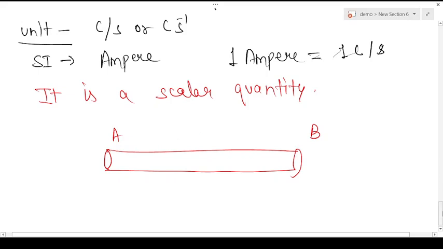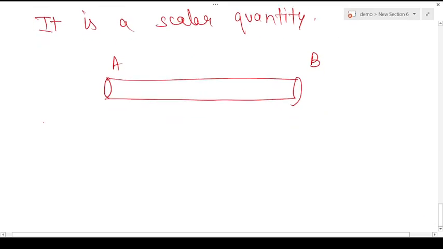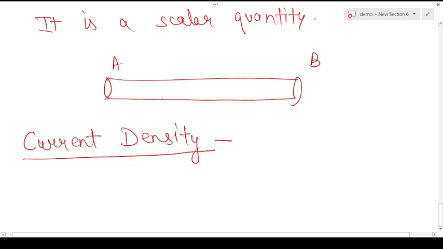Now from electric current there is a quantity called current density. Whenever we get this term density, it means that we are dividing it with some volume or area.